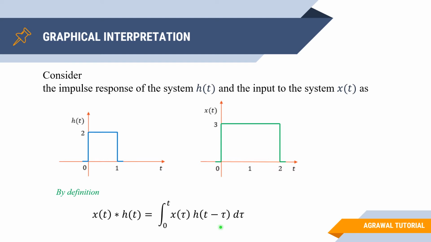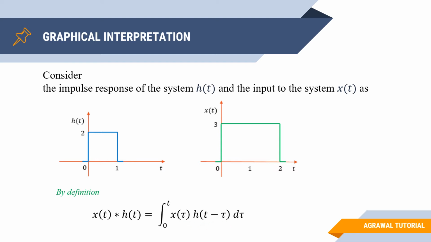As we know, the integration of multiplication of two functions represents the area of overlap between the two functions. So, this term represents the overlapping area between x(tau) and h(t minus tau). So, basically, we have to find the overlapping area between x(tau) and h(t minus tau).